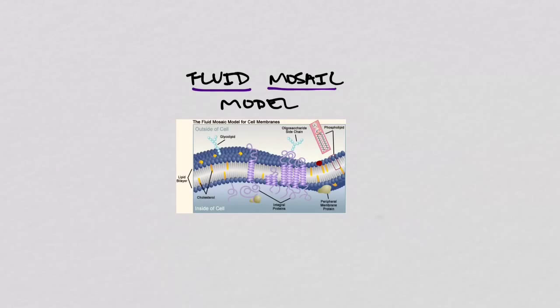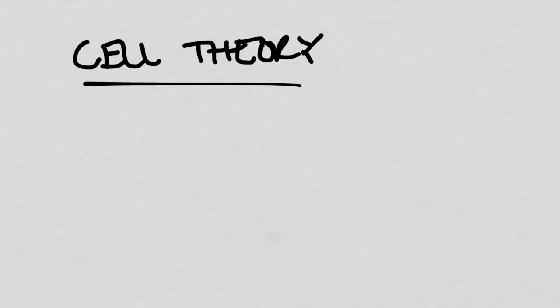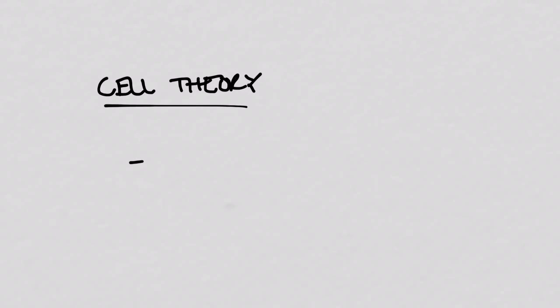Moving on to the cell theory portion. Okay, so the cell theory is pretty simple. You all probably understand it already, but it's worth reviewing right here. The cell theory is composed of 2 components. The first one is that all living things are made up of cells.